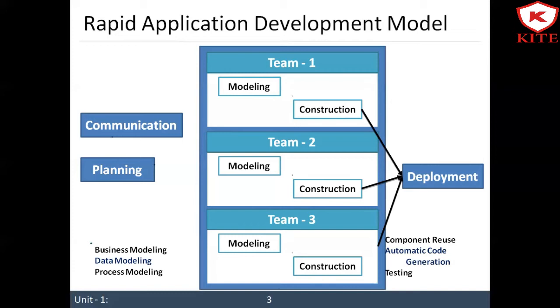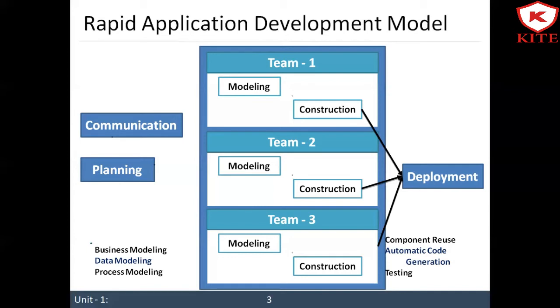And the information characteristics, the main functionality that the software must accommodate. So mainly in the communication procedure, the project manager communicates with the client and finalizes the actual requirement of the product.